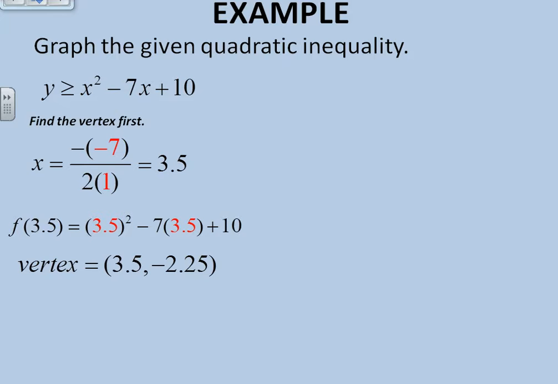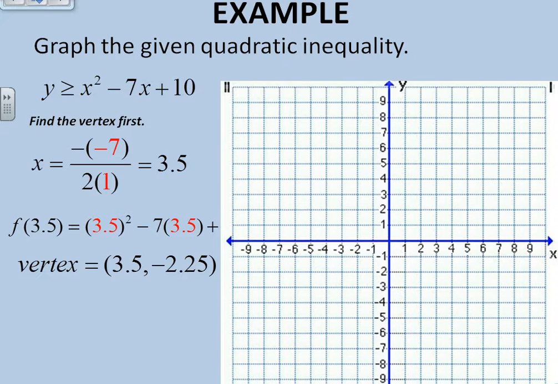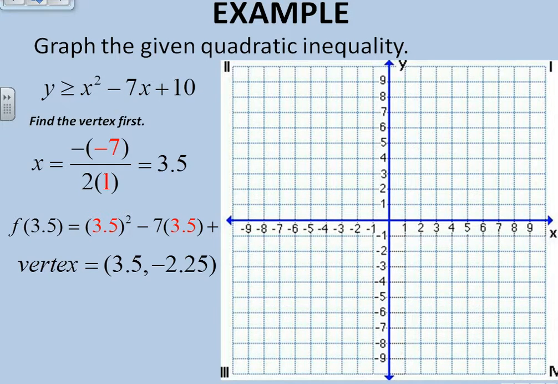So we do have an interesting set of coordinates for our vertex, interesting in that they're not whole numbers and not exactly easy to graph, but we can still graph them by estimating where those coordinates would be.